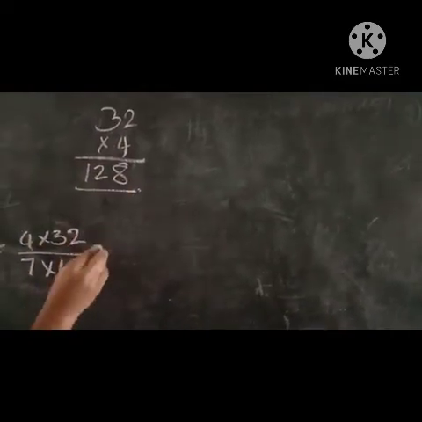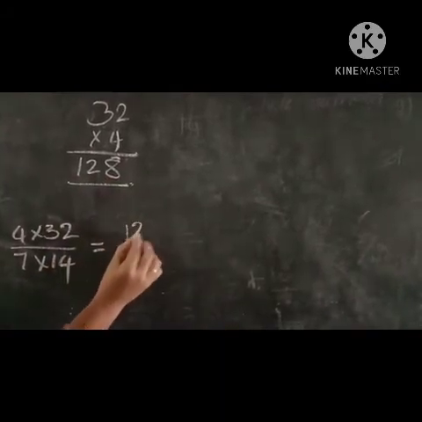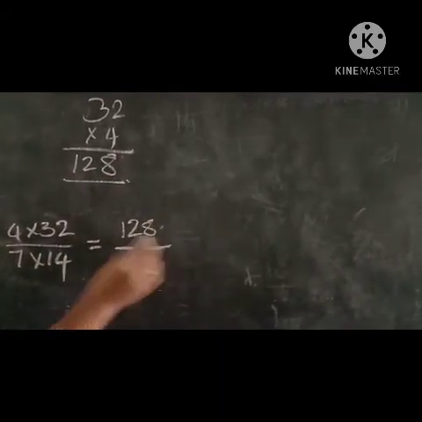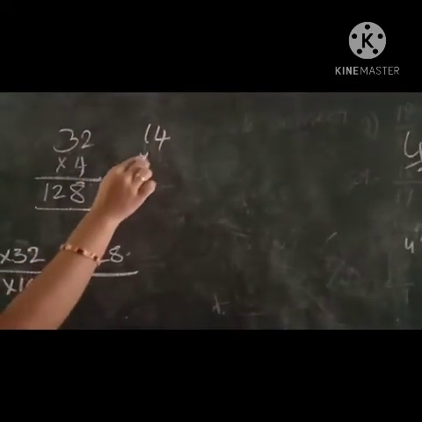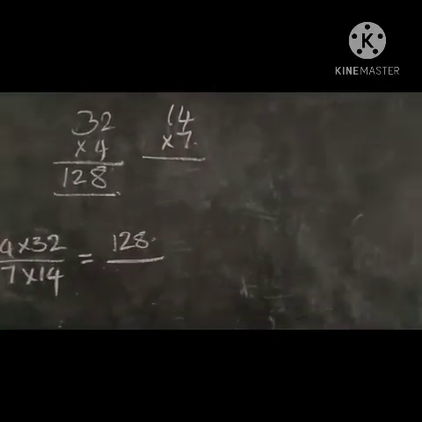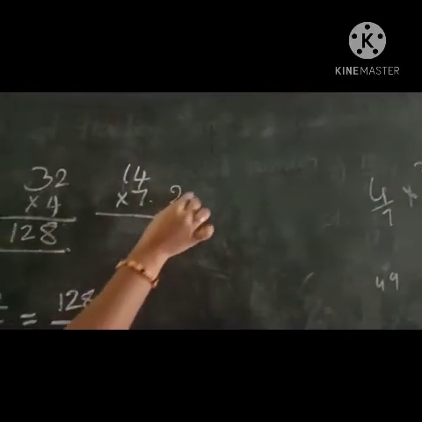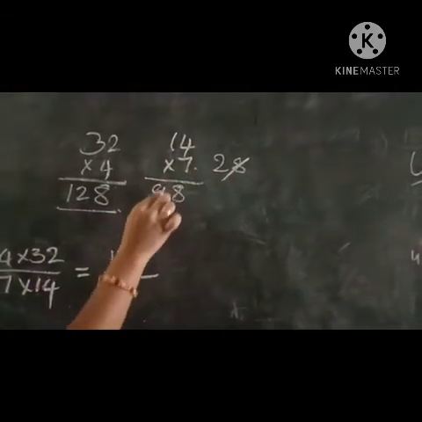What is the answer here? 128. Next, 7 into 14. 14 into 7. 7 4s are how much? 7 4s are 28. Next, 7 1s are 7 plus 2 is equal to 9.